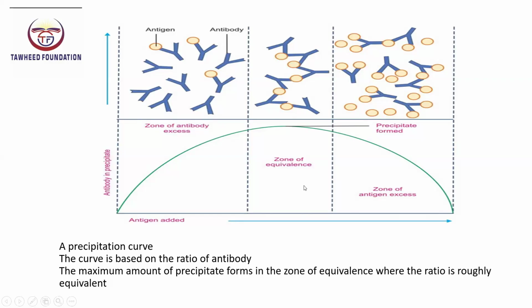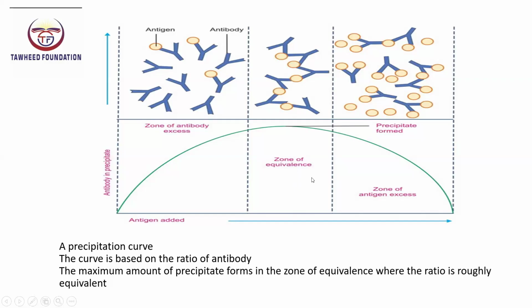Next is zone of equivalence, that is middle peak of the curve. As we move toward the center of the curve, the ratio of antigen to antibody becomes optimal. This is the zone of equivalence. In this zone, the number of antigenic sites and antibody binding sites are approximately equal.